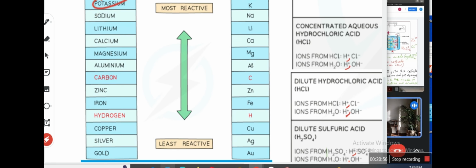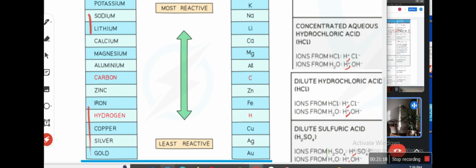In fact, potassium is more reactive than sodium. Sodium is more reactive than lithium. Lithium is more reactive than calcium. So as you go down, it becomes less reactive.